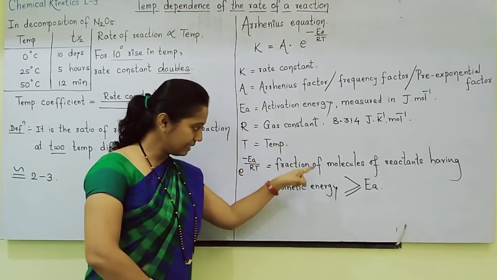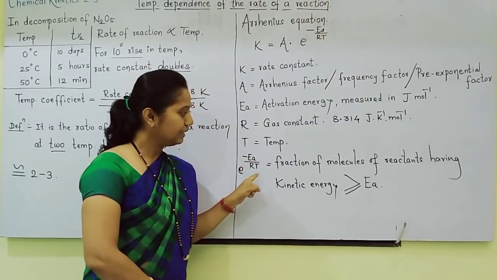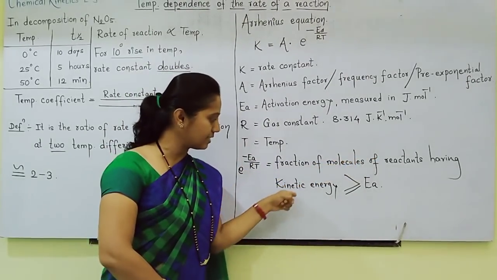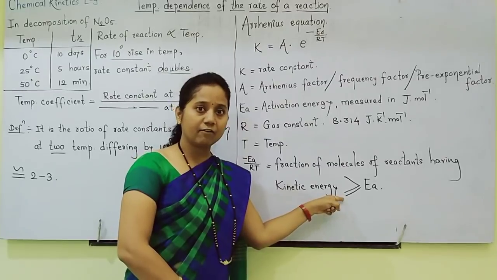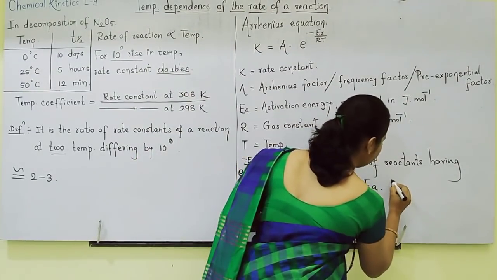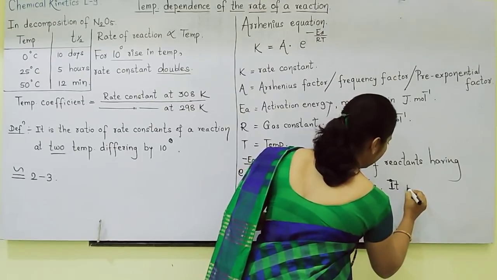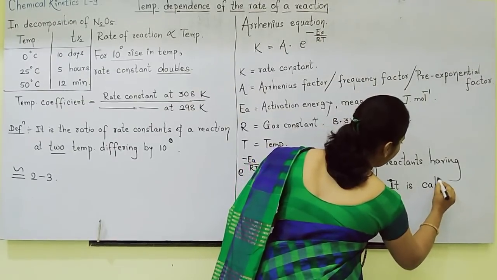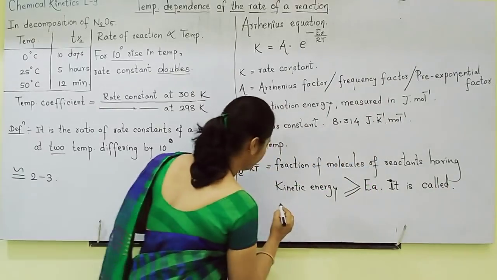And this total term, the fraction of molecules of reactants having kinetic energy equal to or greater than activation energy, is called the Boltzmann factor.